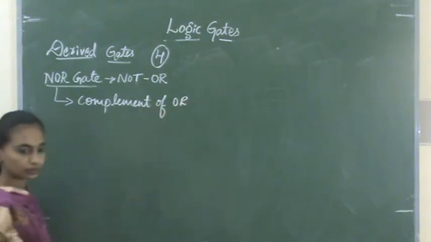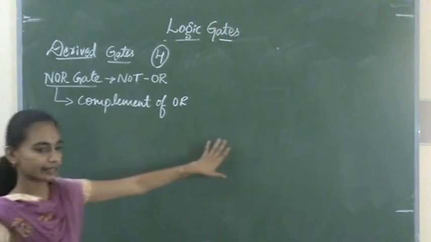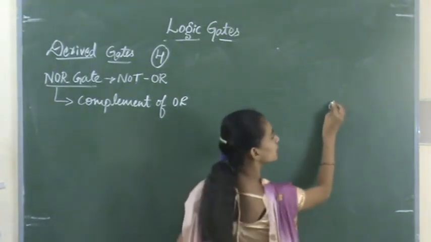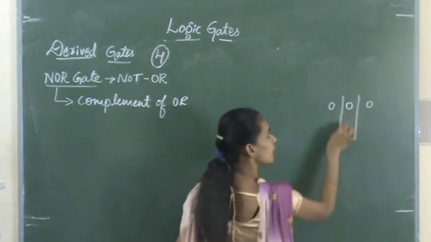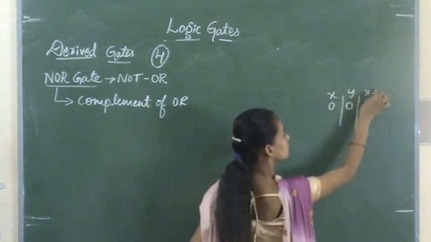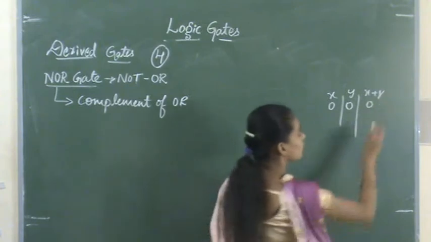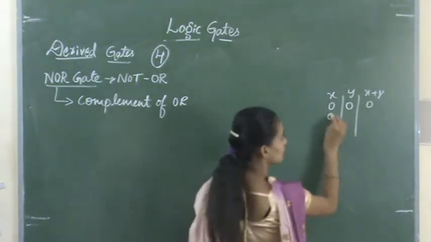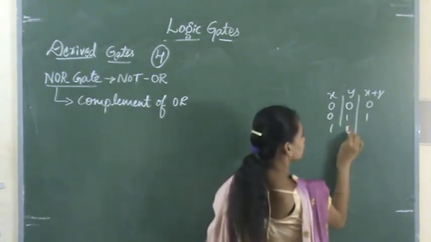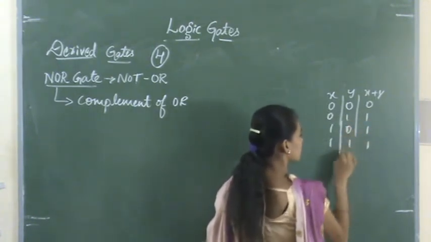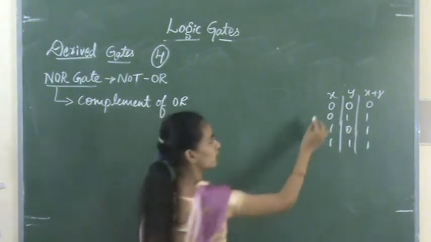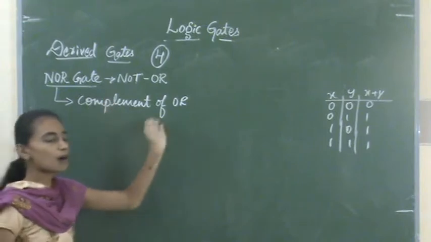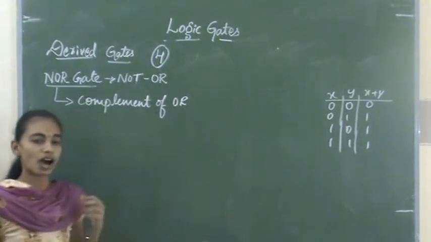the OR gate. Okay, so we know the OR gate, right? How does the OR gate work? We know that only when both inputs are zero, the output is 0. The remaining will be 1, right? So this is how the OR gate works. This NOR gate is the complement of the OR gate.